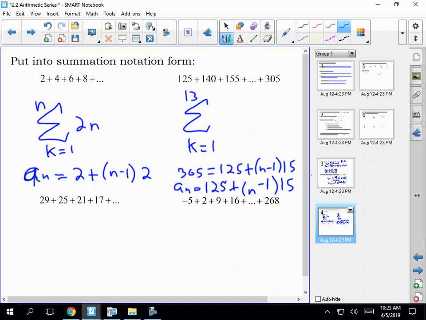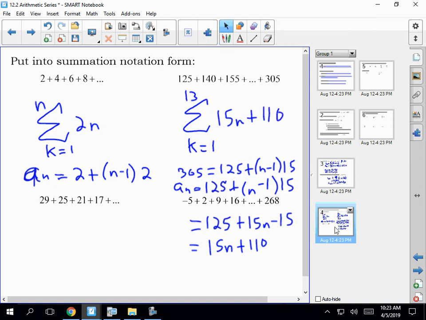So we got 125 plus 15n minus 15. If I simplify that, I end up with 15n plus 110. So the 15n plus 110 is my linear equation in the form mx plus b, right, that generates the terms of the series.